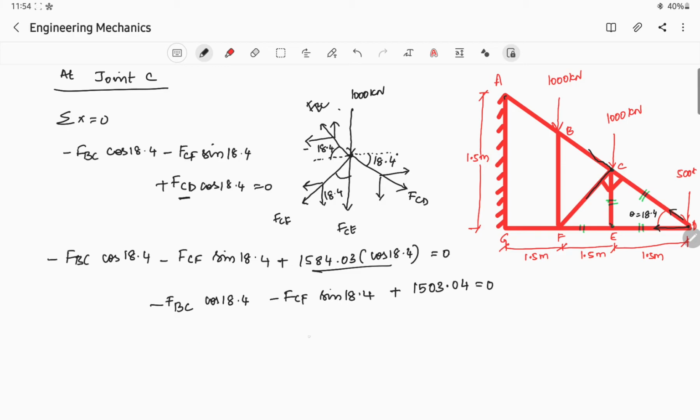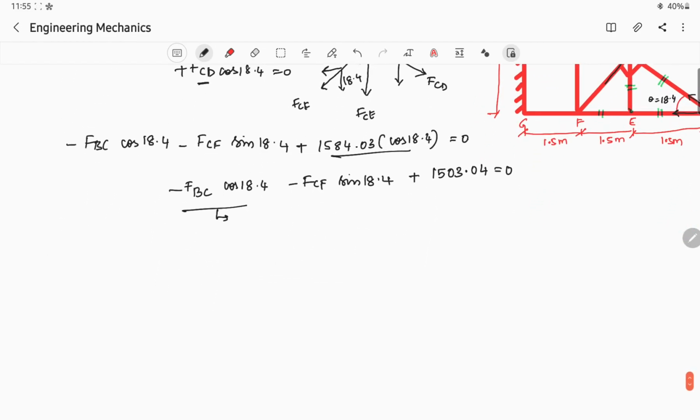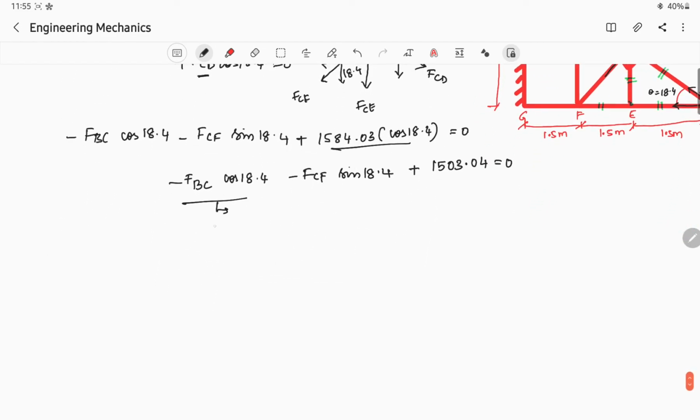That is, we'll try to send this term towards right hand side. So we'll send this BC towards right hand side. Okay, this is simplification now. So FBC cos 18.4 is equal to 1503.04 minus FCF sin 18.4.